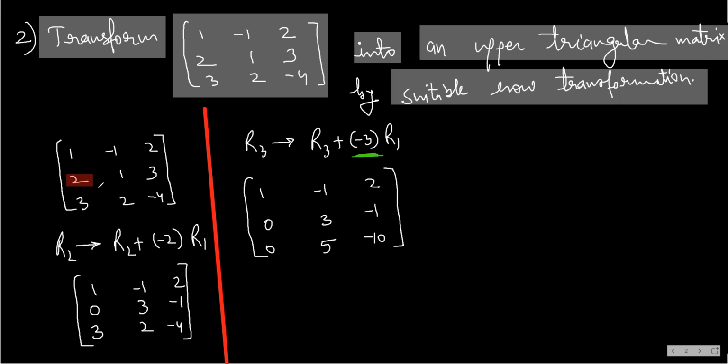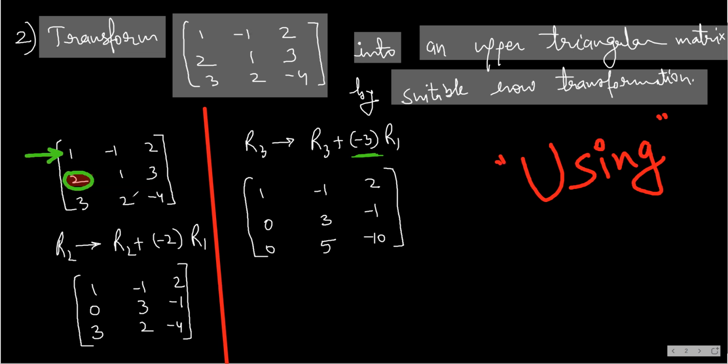See, here, remember, what did we do? How did I get 0 here? I got 0 using this 1. See, I'm using this 1. I got 0 at this place using this 1.